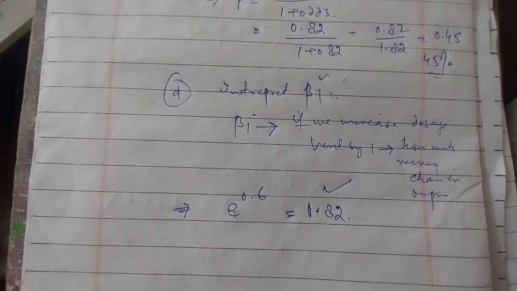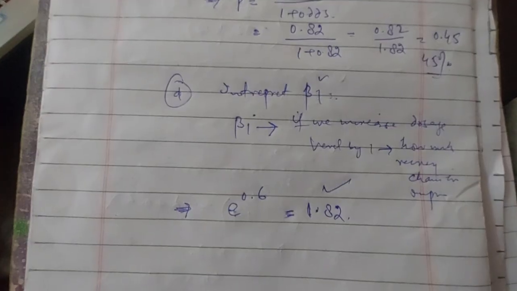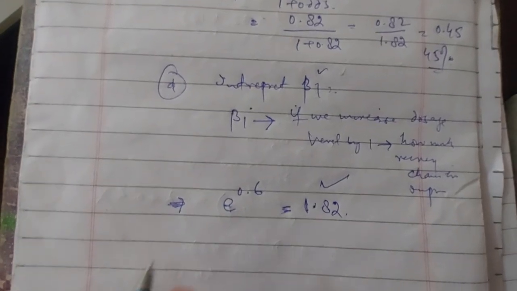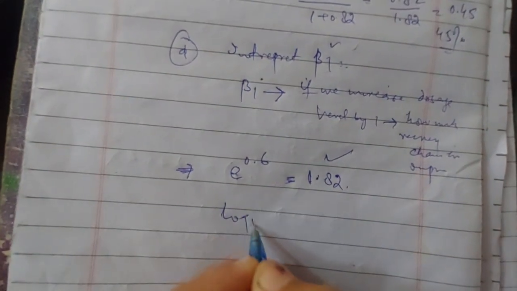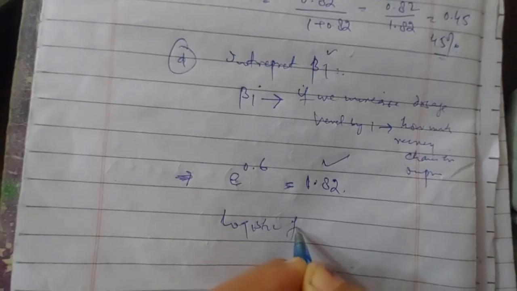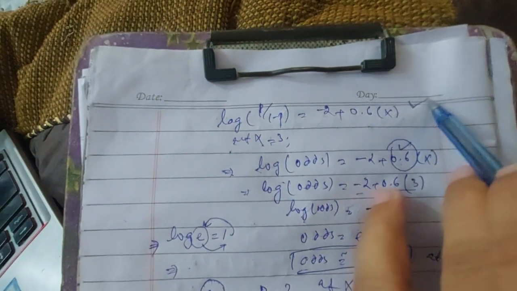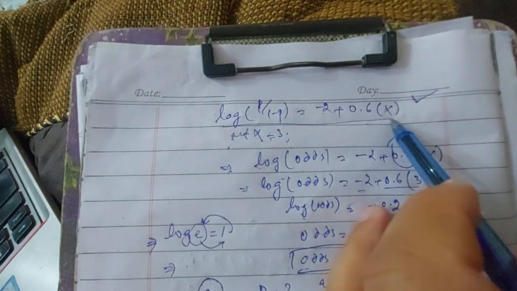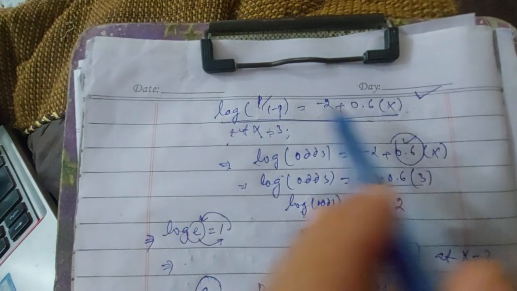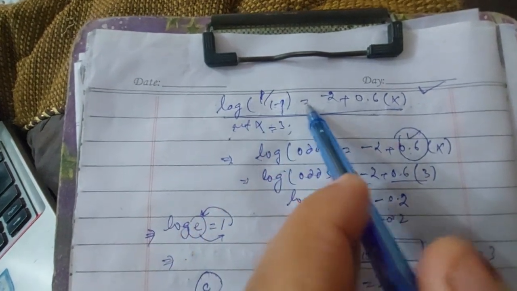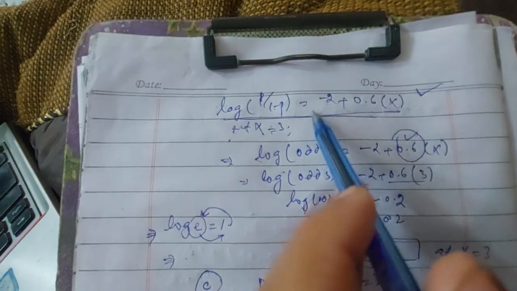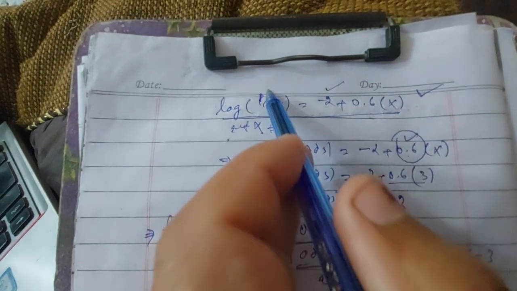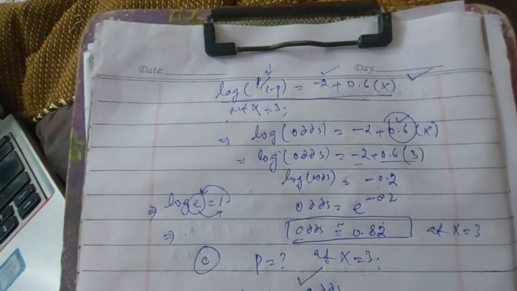The concept that we used is the logistic function, or log function, which was this. Log of the odds is equal to minus 2 plus 0.6 into x. So this is regression and this is the logistic, log part of it.